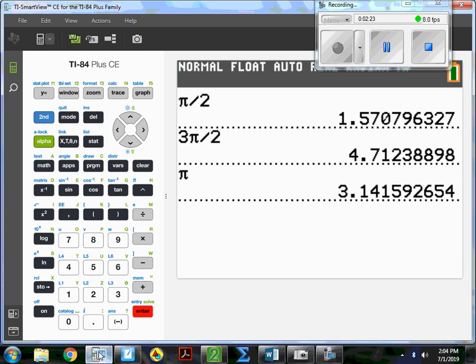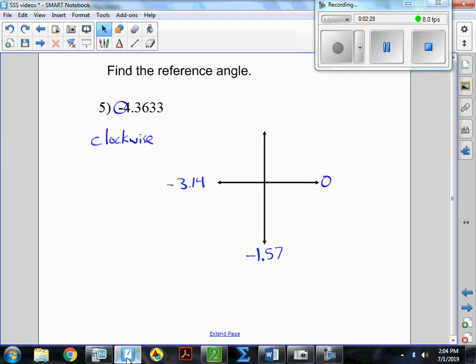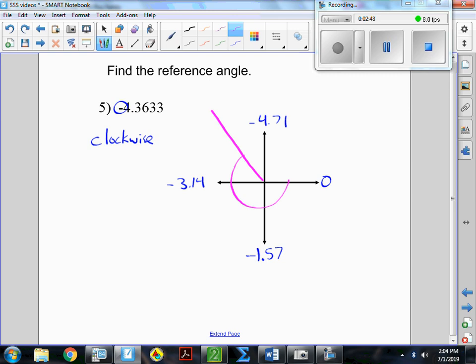We said that negative 3 pi over 2 was going to be 4.71, so negative 4.71. And so now I know the ranges for my values, and I can plot this angle. Negative 4.36 is what I want. So it's going to start at 0, go clockwise, and end up somewhere in quadrant 2. That's between negative 3.1 and negative 4.7.